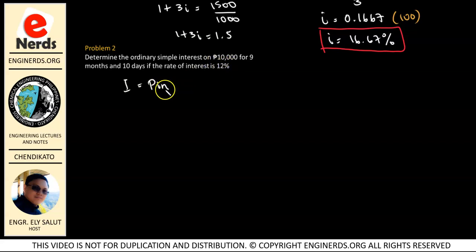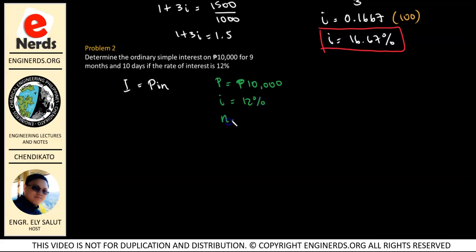Dahil dapat ma-express natin ito in terms of years, di ba? Pero we have here 9 months and 10 days. So, isulat muna natin yung mga given natin para hindi tayo mahirapan. Our P is equal to 10,000 pesos. Our I is equal to 12%.